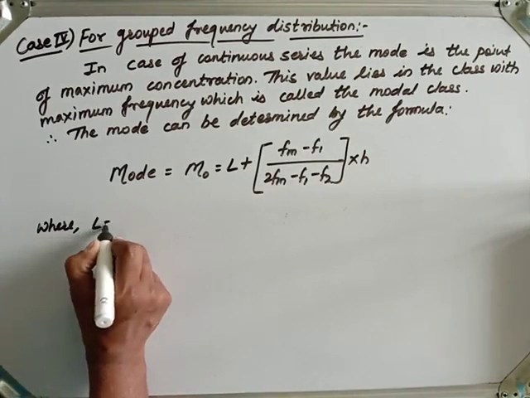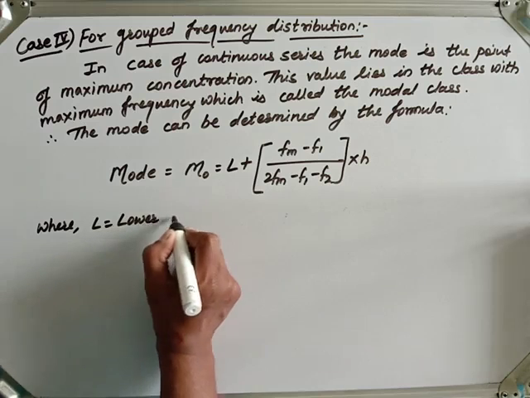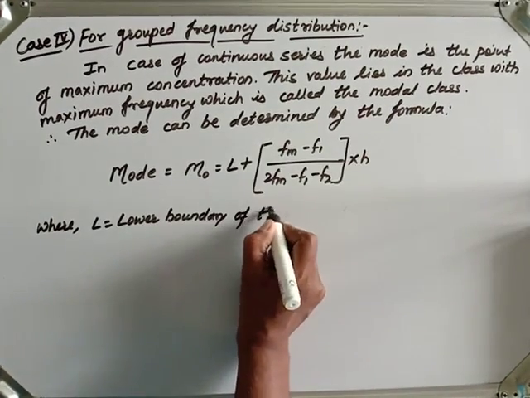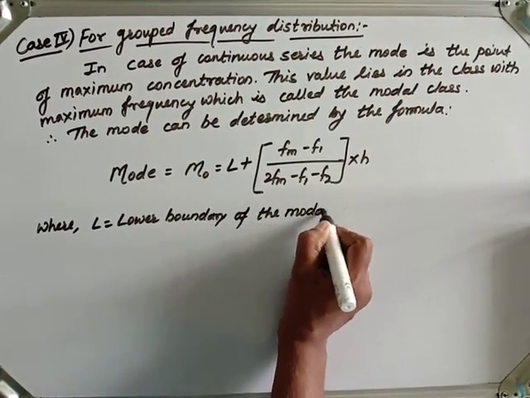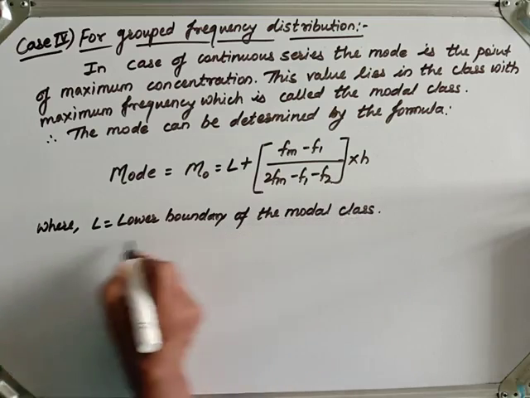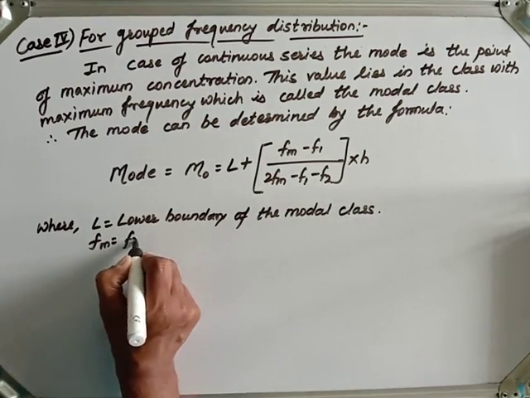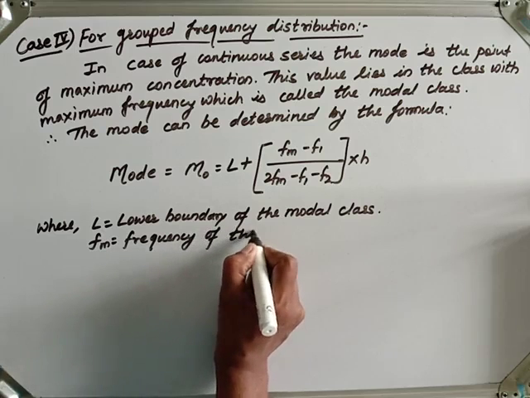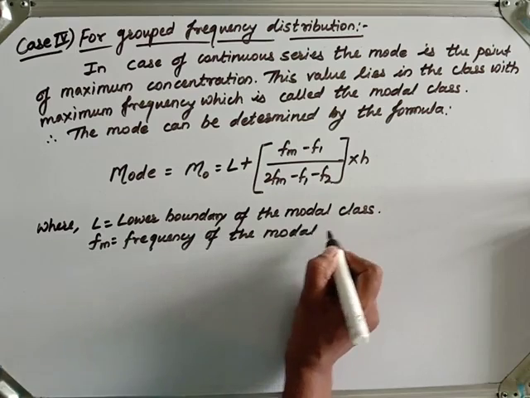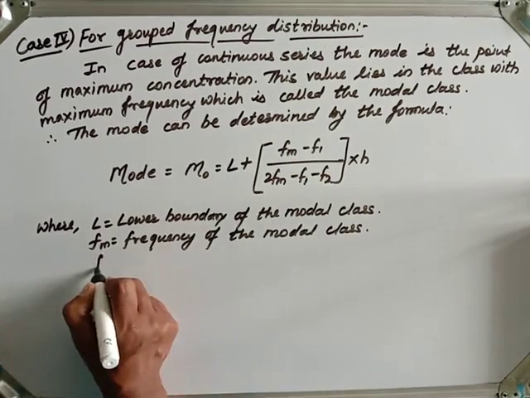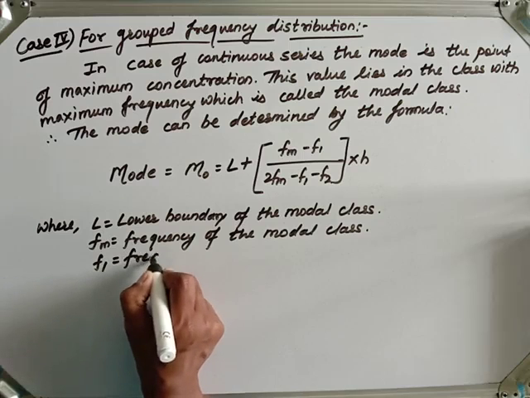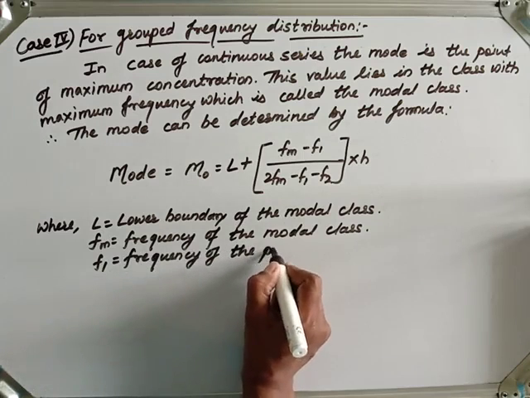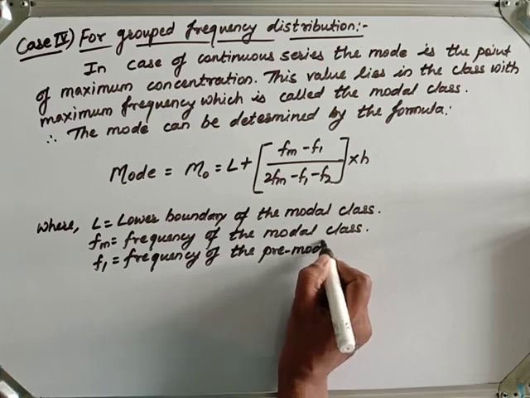Where L is the lower boundary of the modal class. fm is the frequency of the modal class. f1 is the frequency of the pre-modal class, the class before the modal class.